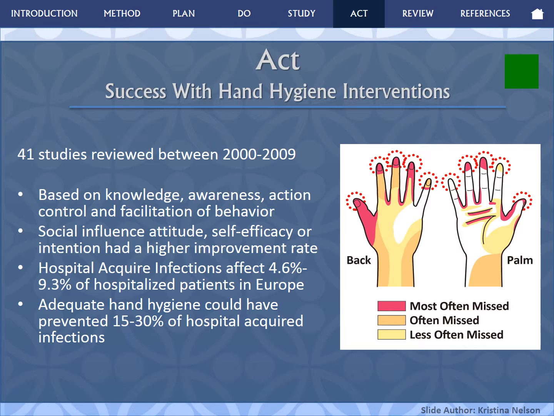It was also found that addressing factors such as social influence, attitude, self-efficacy, and intention showed better results than addressing such factors as knowledge, awareness, action control, and facilitation alone. So basically a combination of self-efficacy, attitude, and social influence gives a better result on hand hygiene behavior than when just using the others singly.